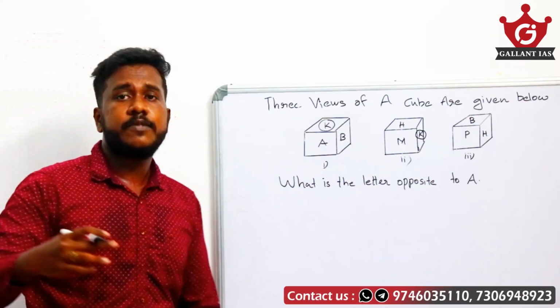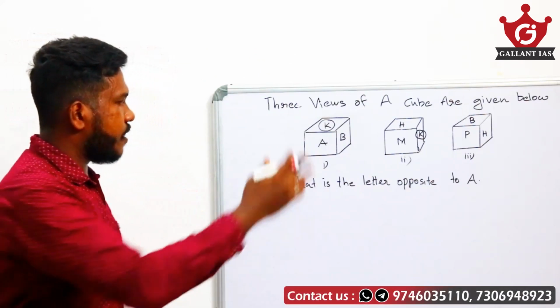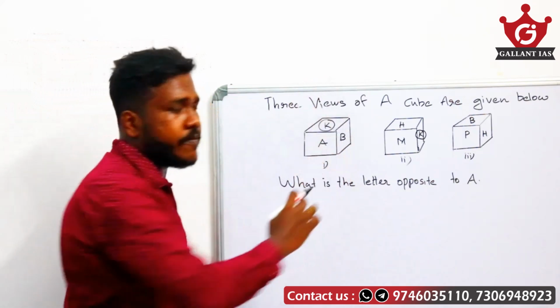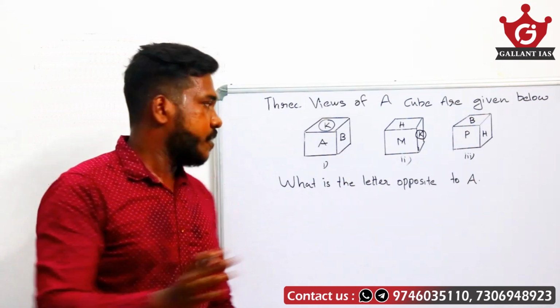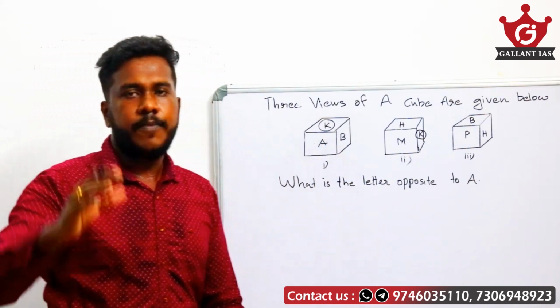Our next step is writing down the values. I am now going to write the values of the first cube. This is the most important area in this problem solving.